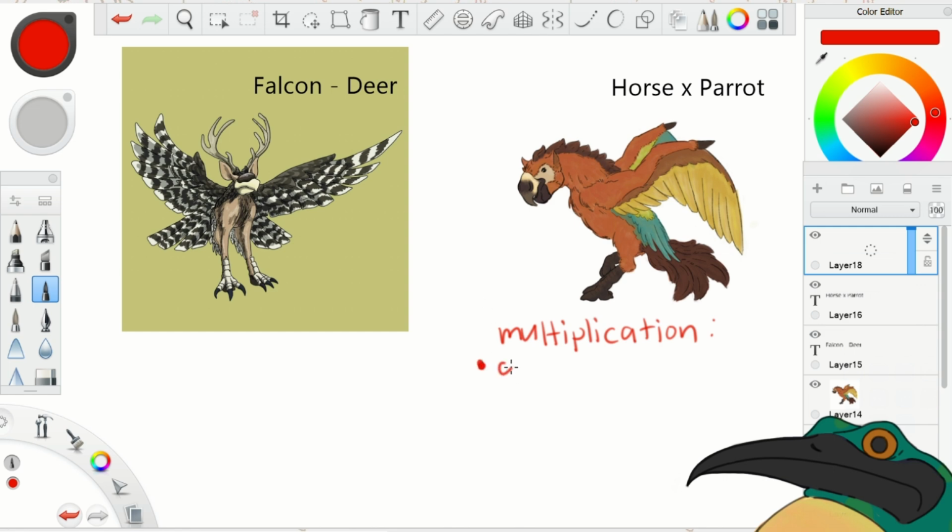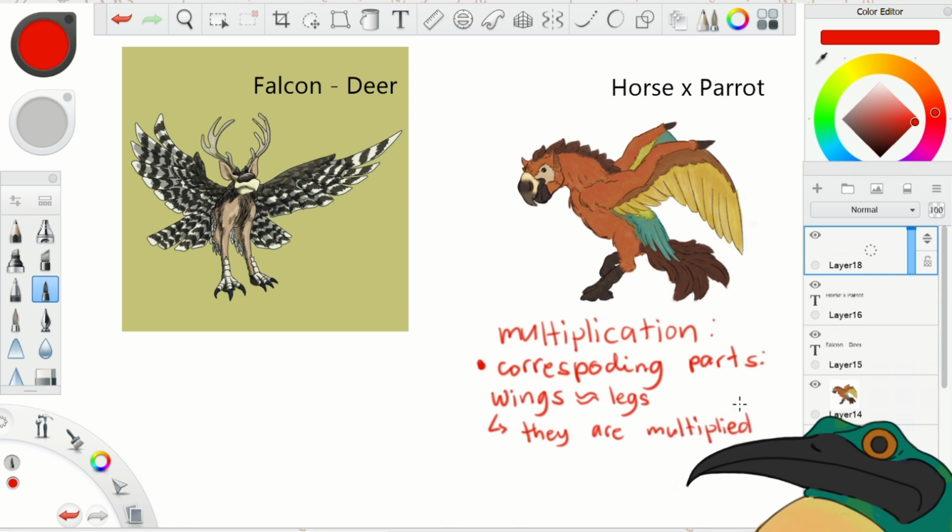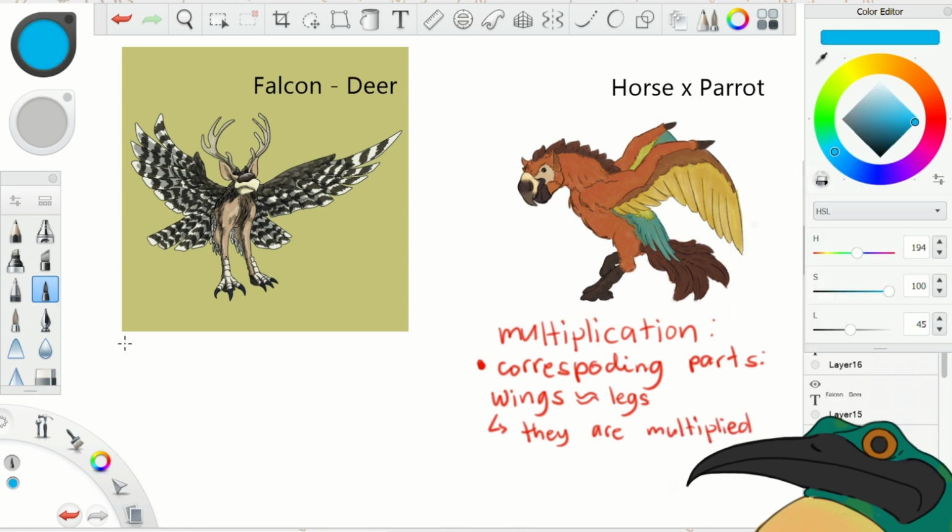The reason is that in multiplication, you multiply the parts that correspond or the parts that vaguely match up with each other. However, this does not take into account the functionality of the parts. Wings are for flying and legs for walking, but for subtraction, if the parts correspond, it doesn't mean they're considered similar. This is where functionality comes into play.